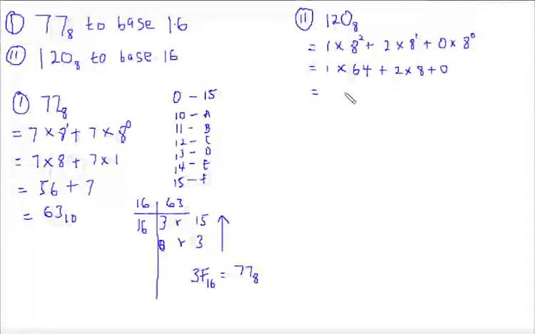So I have 1 times 64 is 64, plus 2 times 8 is 16, plus 0. So 64 plus 16 is 80 in base 10.